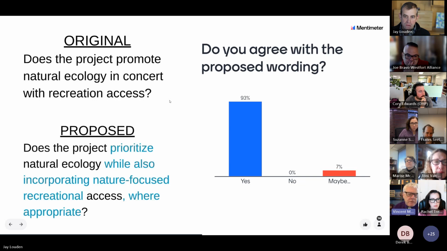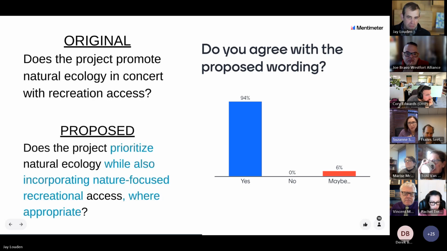I guess I'm just a little confused by what nature-focused recreation is. Is that fishing, or do the people who do tightrope walking? Suzanne, did you want to respond to that? Yeah, I think the desire was to give criteria that would prioritize recreational uses that are nature focused.